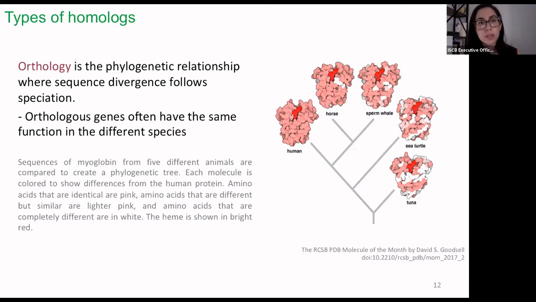So if we want to learn about the history of the species, we need orthologs. Another way to know that we have an ortholog is that orthologous genes often have the same function in different species. But this is a consequence. It's not always the case that orthologs have the same function.